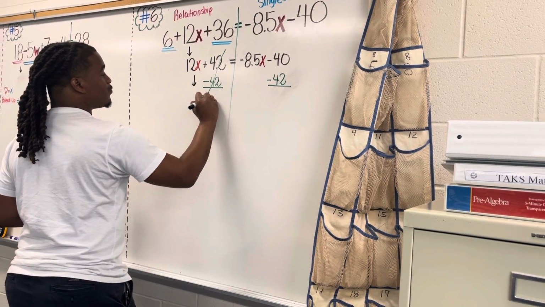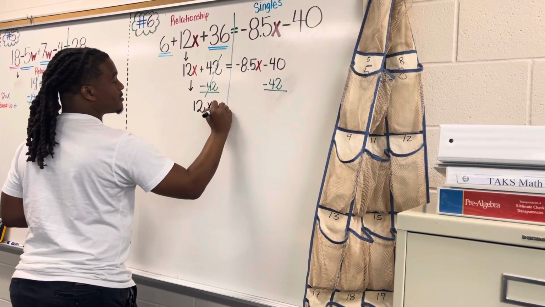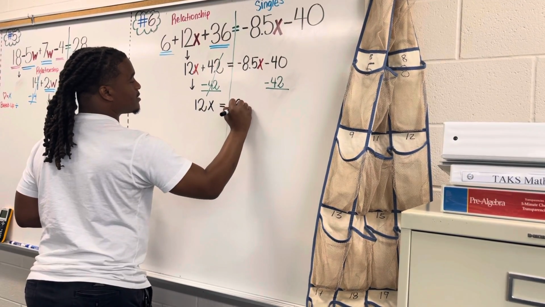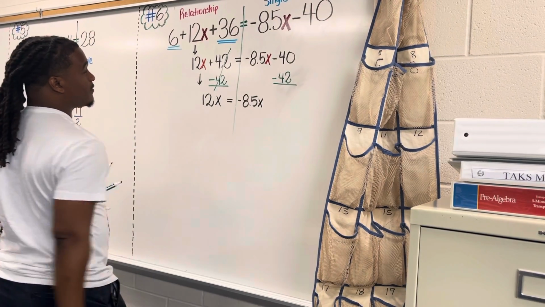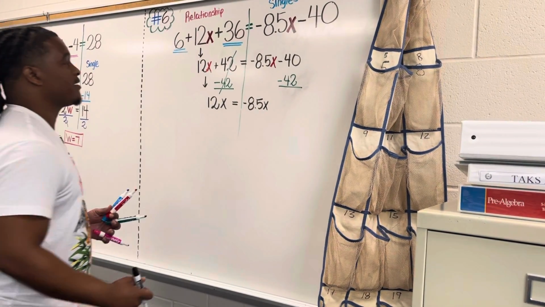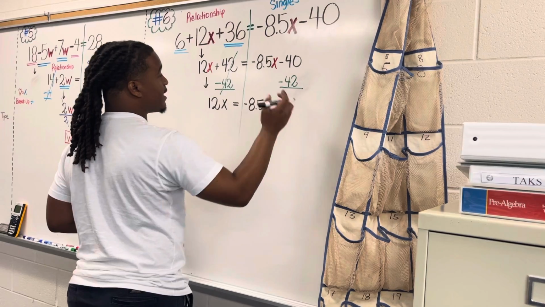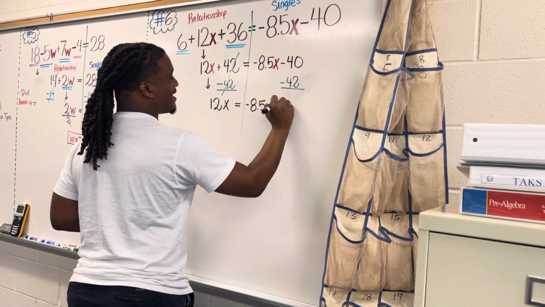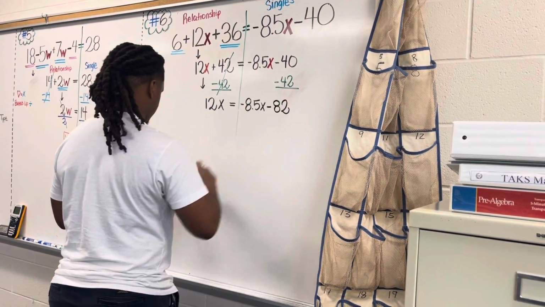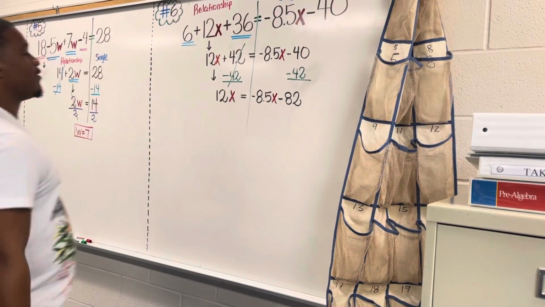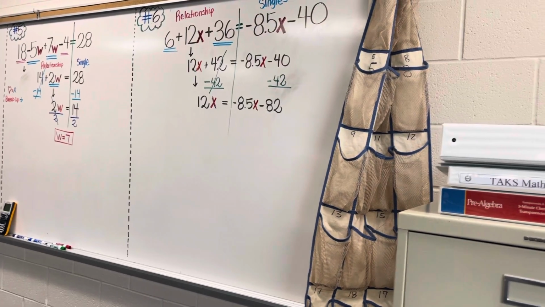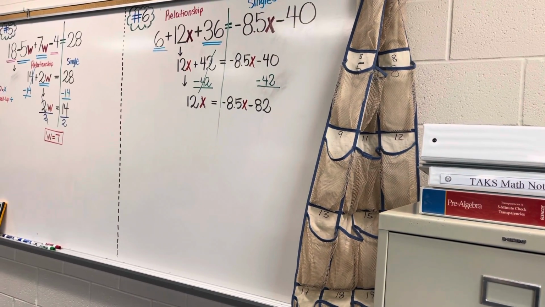I still have 12x equals negative 8.5x. Whenever you have two negative numbers, just add them like positives, but keep the negative sign. So 40 plus 42 is 82, but in this case it's going to be negative 82. So far I have 12x equals negative 8.5x minus 82.